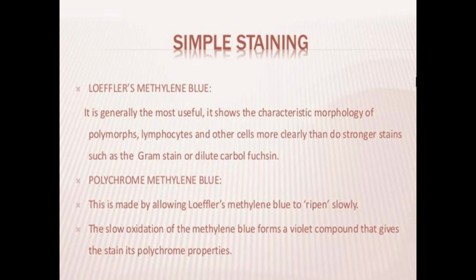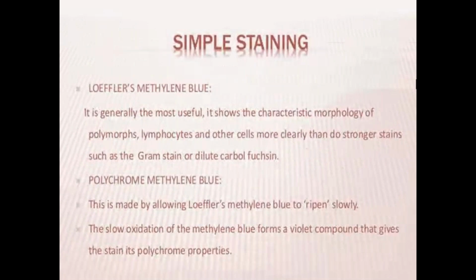Here, the slow oxidation of methylene blue forms a violet compound, and that causes the staining of different polychrome properties. That means different colors can be observed by using polychrome methylene blue, and different structural arrangements can be visualized by using it.